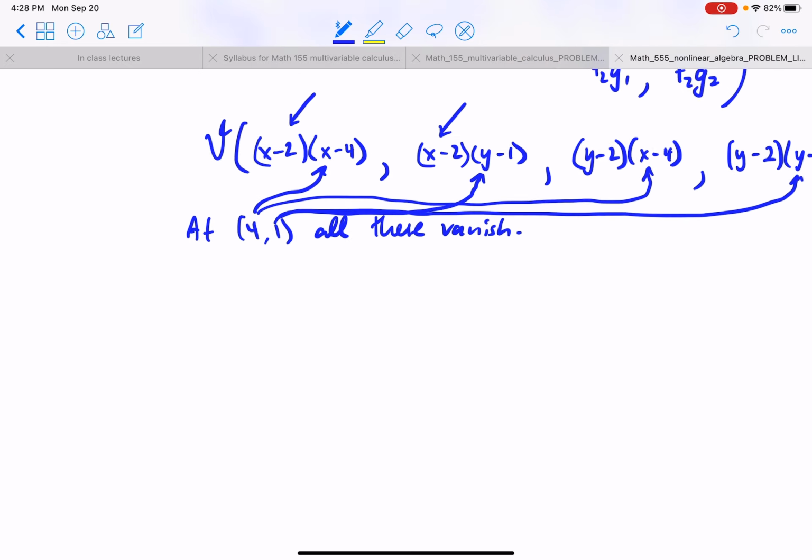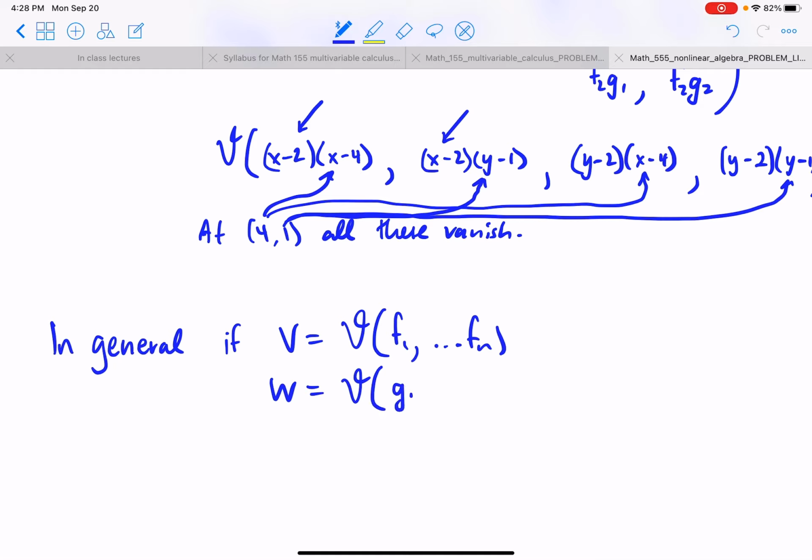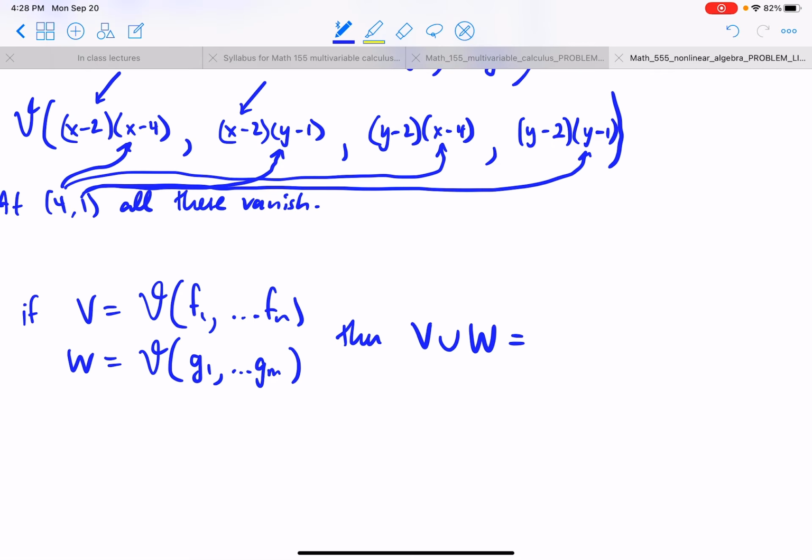Okay, so I'm going to write in general, if V is the vanishing set of f1 through fn, and W is the vanishing set of g1 through gm, then the union is the vanishing set of all possible products figj for all i and j.